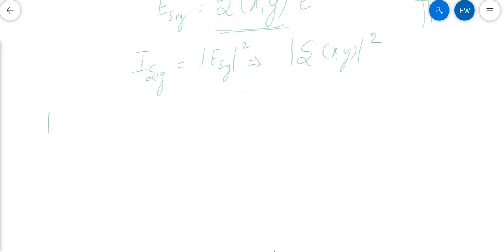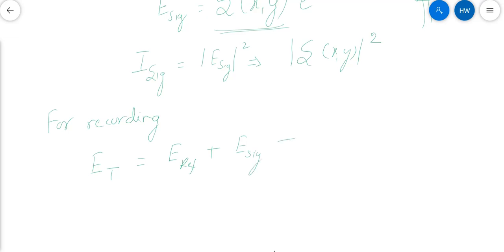So for recording, what I do is I look at the total field at the film, which is the E reference coming from the reference and E signal coming from the object.